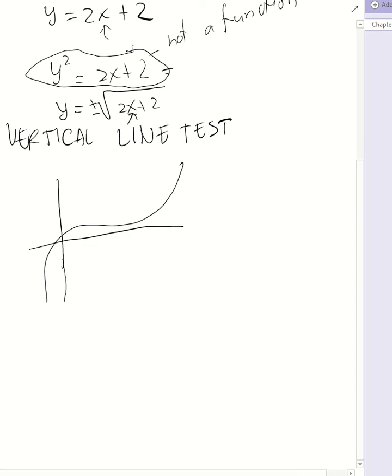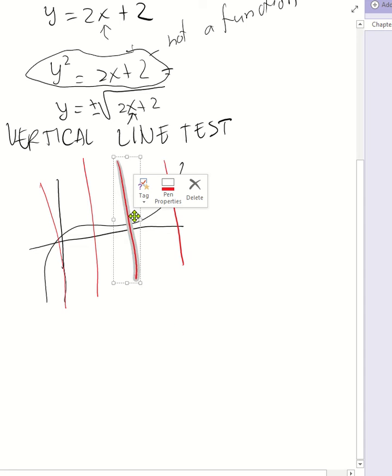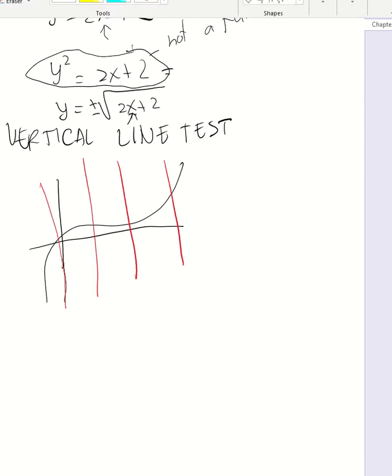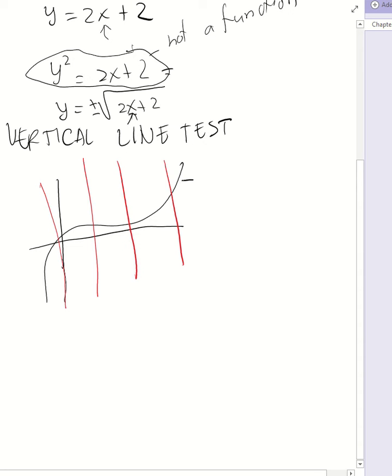Now if you draw a vertical line, let's make it red, at every point of this function it only crosses the plot one time. So this expression can be considered a function.